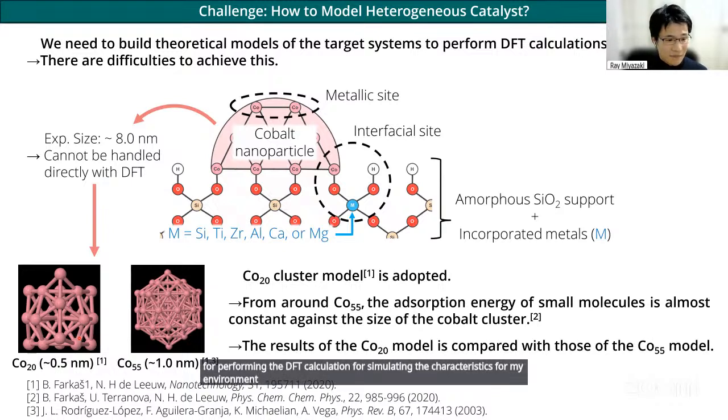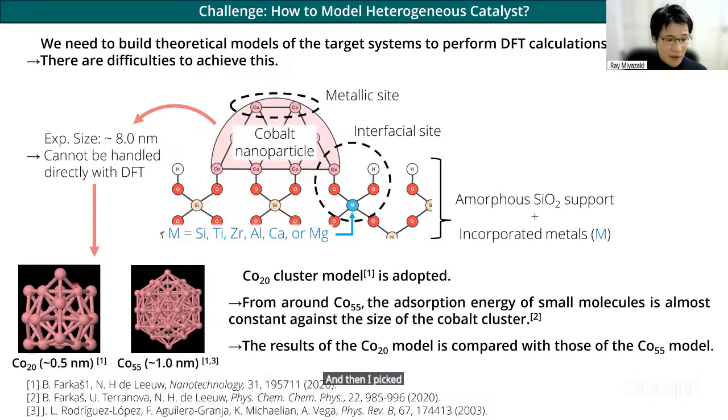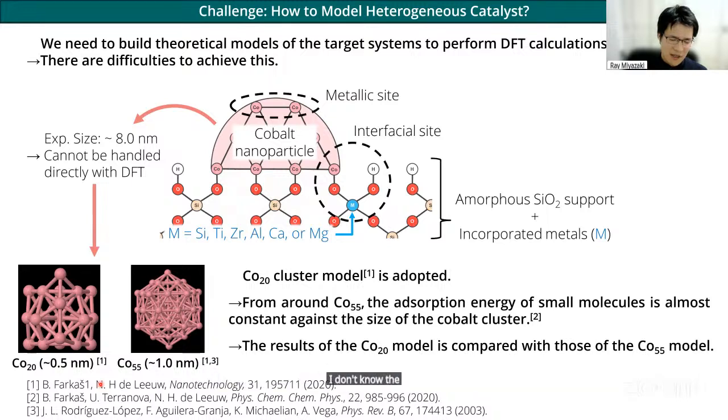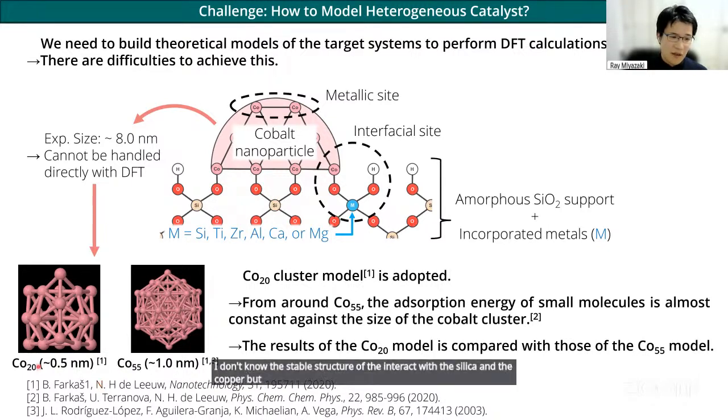I haven't performed any global optimization myself, but thanks to these previous studies, I can pick up the stable cobalt cluster in the gas phase. Of course, I don't know the stable structure when interacting with silicon and cobalt, but we needed to pick this kind of stable gas-phase cluster as the initial structure for geometry optimization.